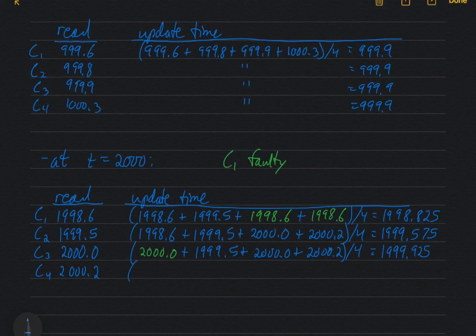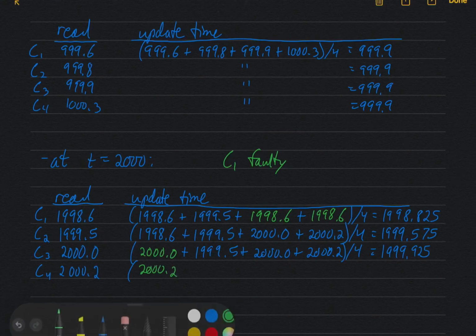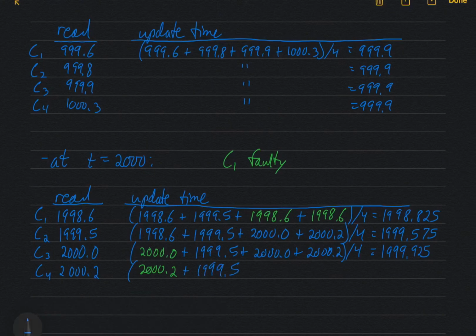And lastly, clock 4 will also substitute its own time for the time that it receives from clock 1, but it will accept the times from clock 2, from clock 3, and from itself, and will come up with a new time of 1999.975. So each of these 4 clocks will update their times with these 4 different times.